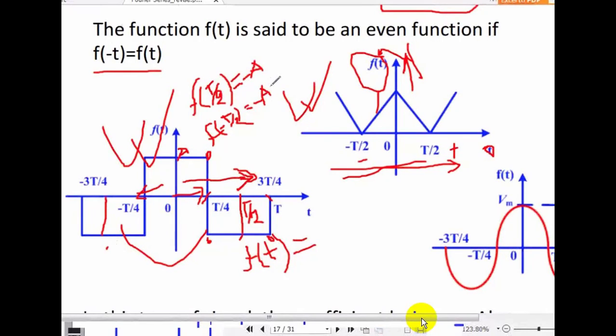Minus a, they are equal, right? Yes, sir. So we can write down f of minus t by 2 equal to f of t by 2.